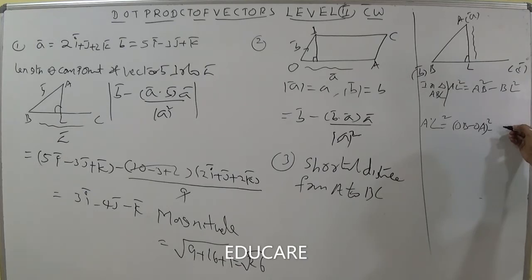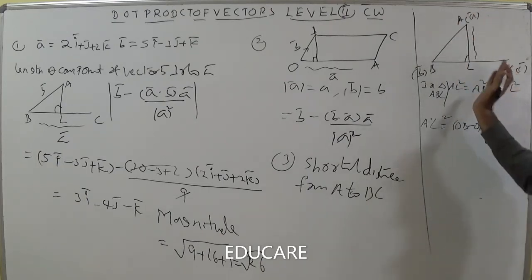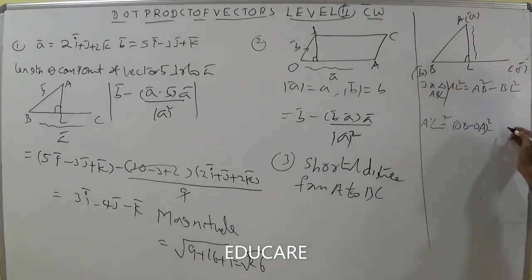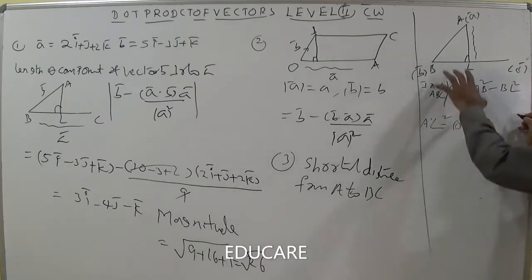BL is perpendicular. What is BL? BL is the projection of AL. BL is the projection of AB on BC. The formula for projection is A bar dot B bar divided by mod B bar square. Then you can write OB minus OA whole square.